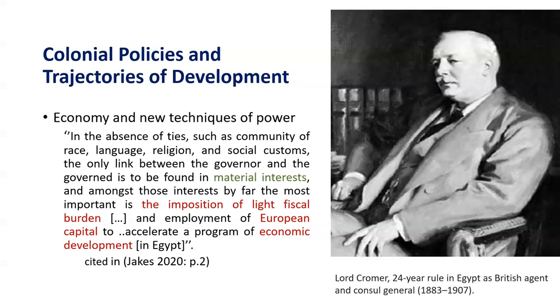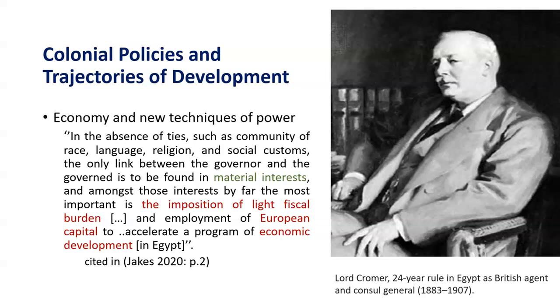So this is how they used these economic or fiscal aspects as a technique to exercise power or to legitimize their tutelage over the governor, arguing that the Egyptians were not rational enough, that they borrowed a lot and put their country into fiscal trouble.